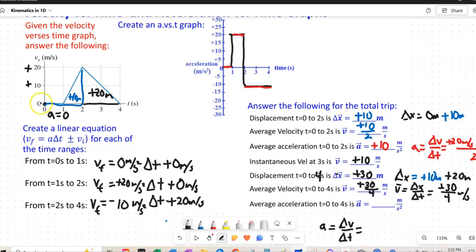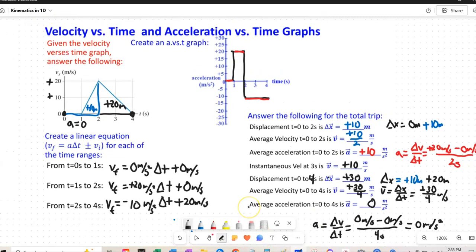So here's the starting velocity, here's the ending velocity, which is 0 meters per second minus 0 meters per second over a period of 4 seconds, which is just 0 meters per second squared. So that's just 0. Okay.